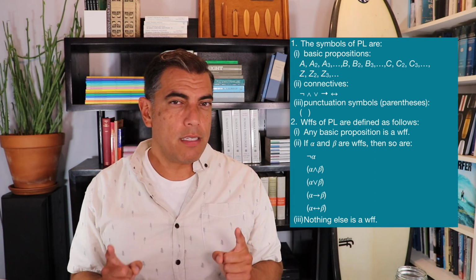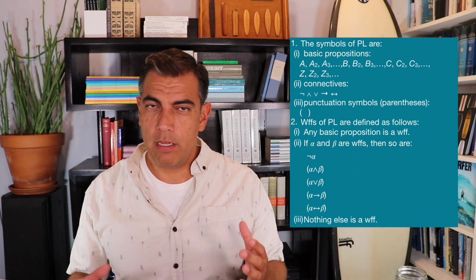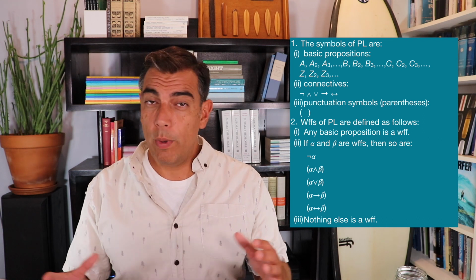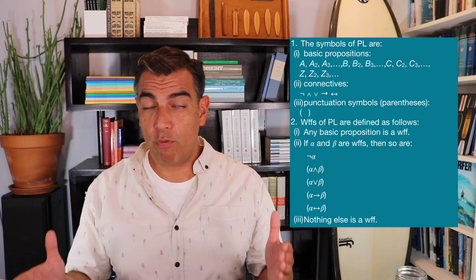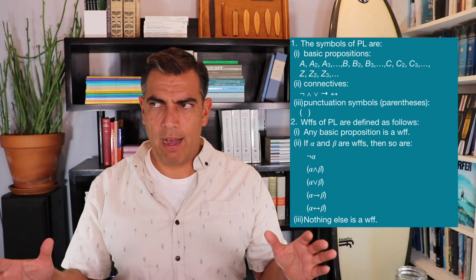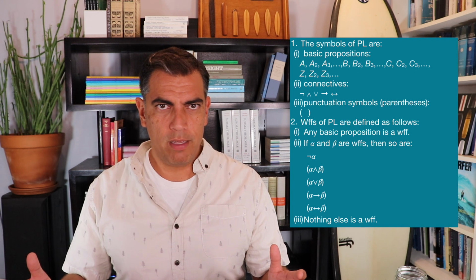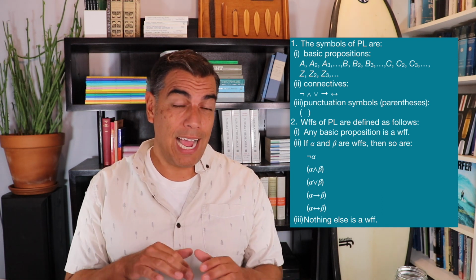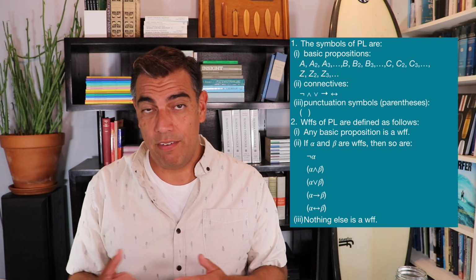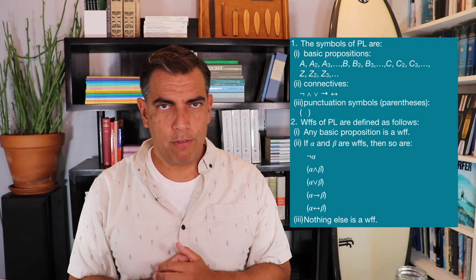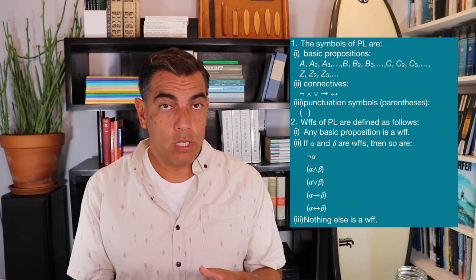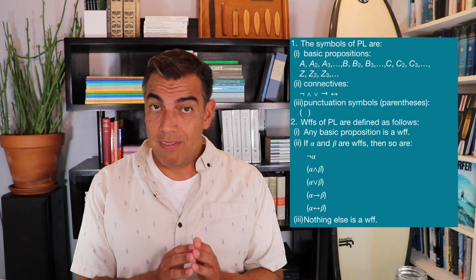Now, using that set of rules on how it's acceptable to combine these different symbols, we get all of our possible well-formed formulas in this formal language. If, by the way, you're like, well, how can you get all of the well-formed formulas? In the next video, I'll talk about how this definition works as a recursive definition or an inductive definition. But that's next video. So we generate all of our well-formed formulas using these rules. If it's not using these rules, then it doesn't count.